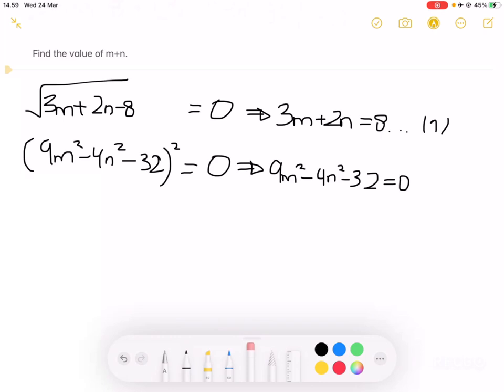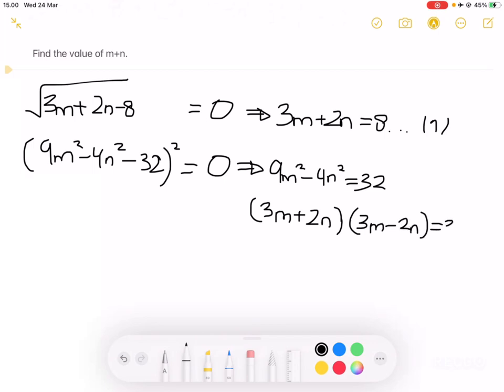We can add 32 on both sides, so that will be that. However, notice that this expression is actually a difference of 2 squares, and we can just factor that out nicely. So we have 3m plus 2n, and we have 3m minus 2n. This is equal to 32.